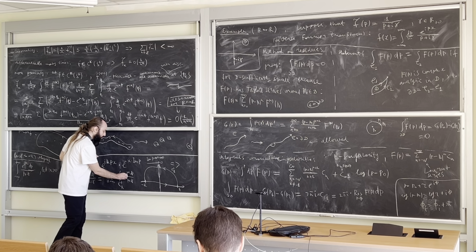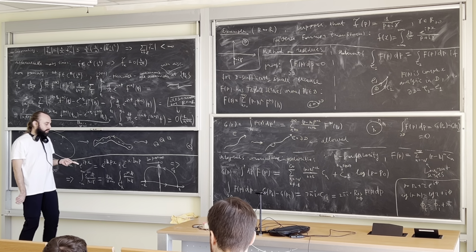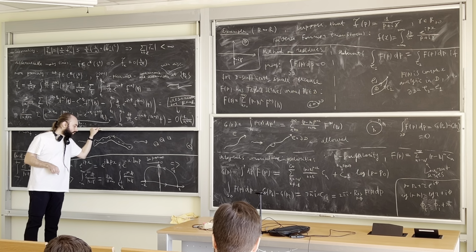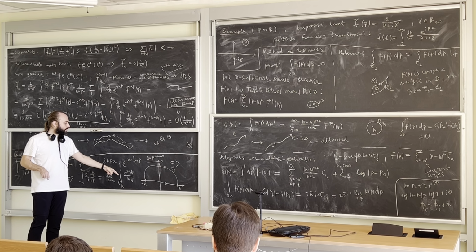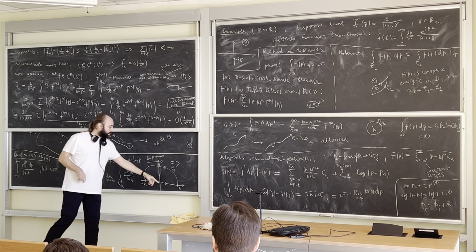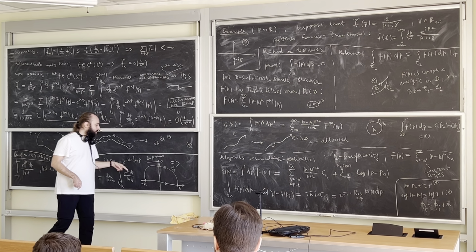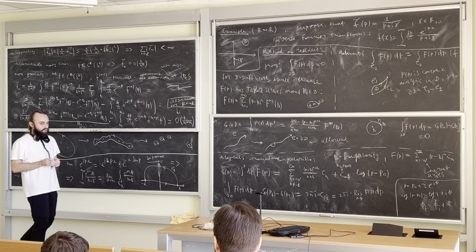So it goes to 0 at least as 1 over R. So this function simply goes to 0 at all points of this large contour.